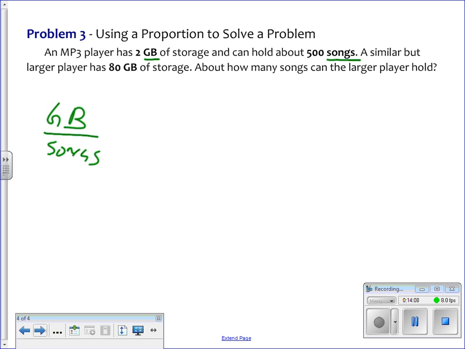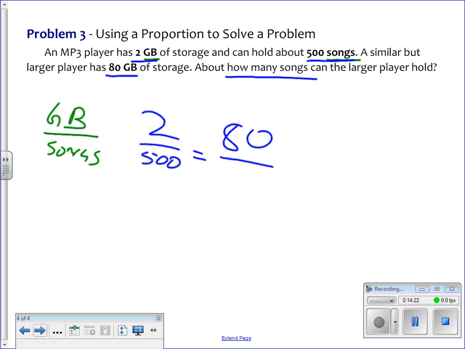So I have 2 gigabytes gives me 500 songs. 2 over 500 equals 80 gigabytes over how many songs? I don't know, so I use a variable.